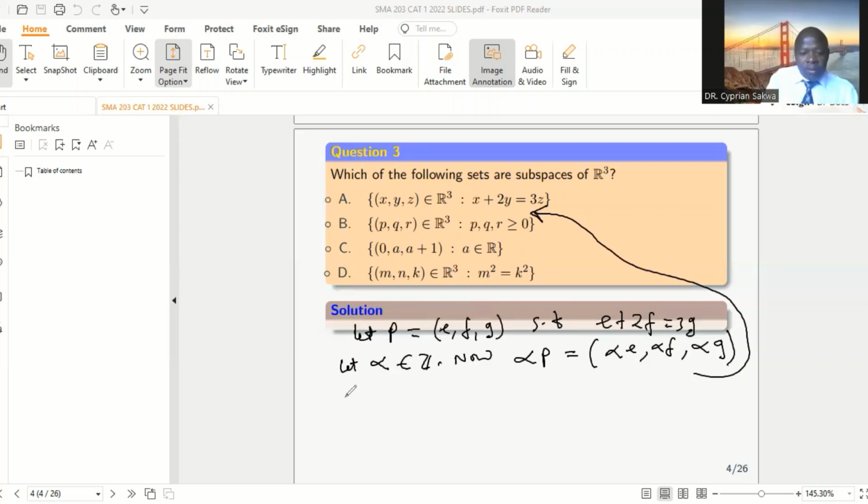What is alpha E plus 2 alpha F? This is the same as, I can put alpha outside, and inside the bracket, what I'm saying is E plus 2F.